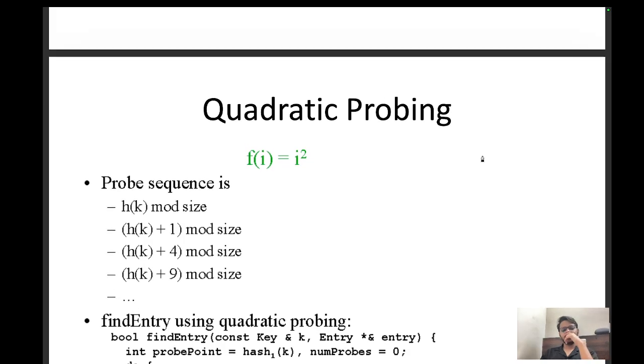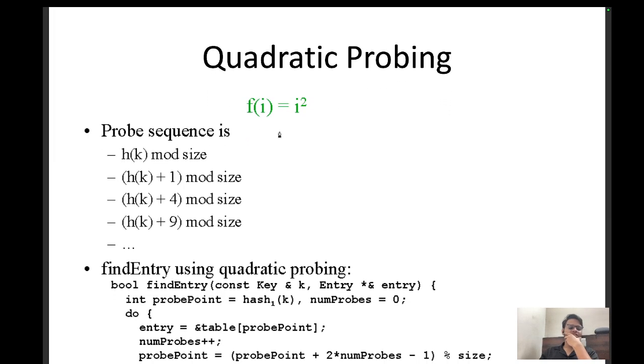So what does it mean? For example, if we have the hash function h of k, we use h of k plus i mod 7.